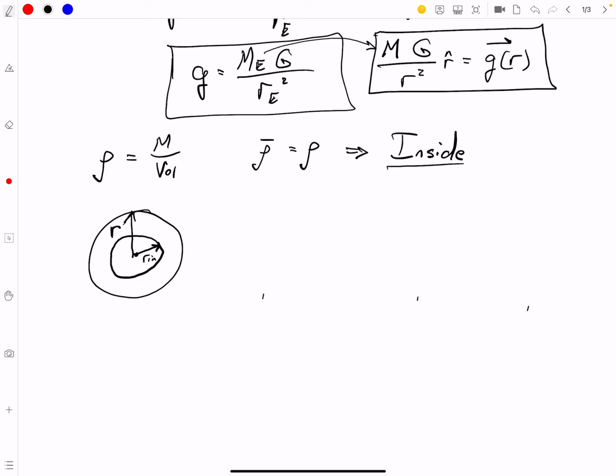So on the inside, we did all the work of substituting in rho, and we came up with, on the inside, g is equal to 4/3 rho pi r in times G in the r hat direction.